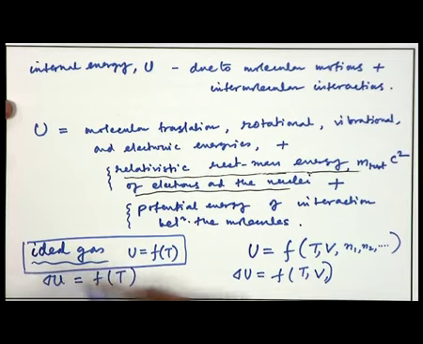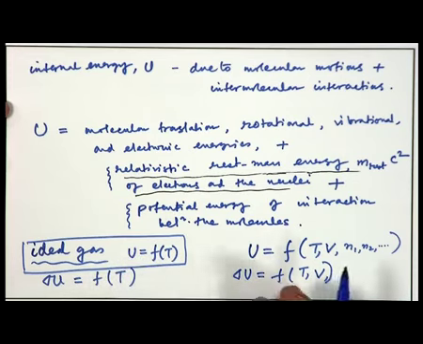So, if we change the volume of an ideal gas without changing temperature, there is no change in internal energy. If we change the pressure of an ideal gas without changing temperature, there is no change in the value of U.